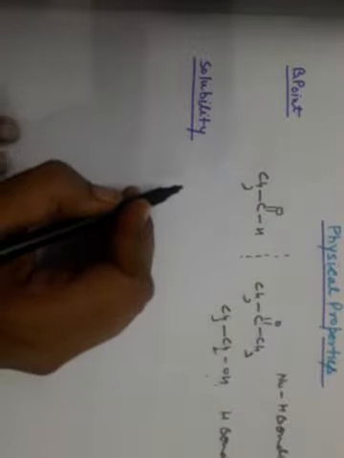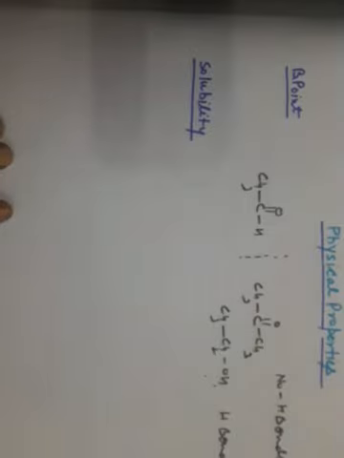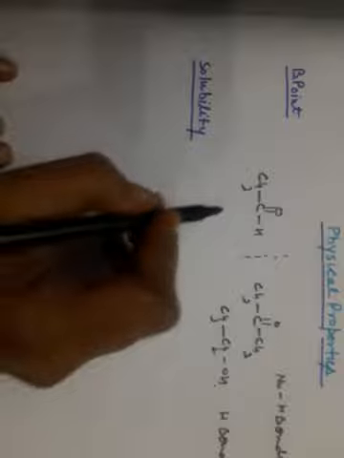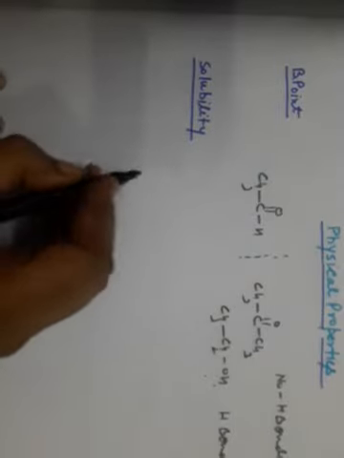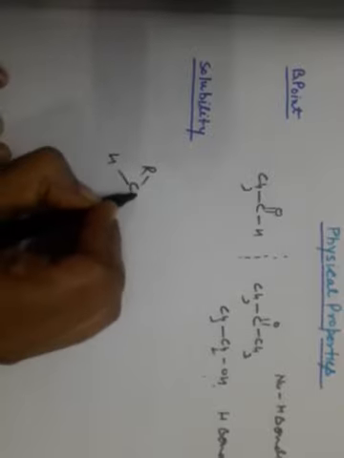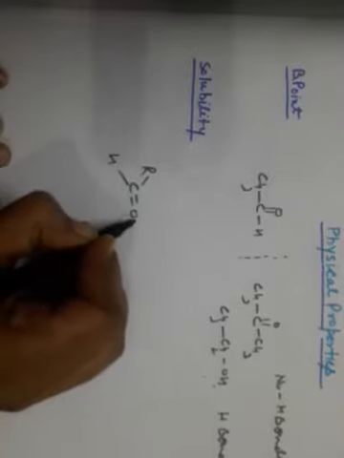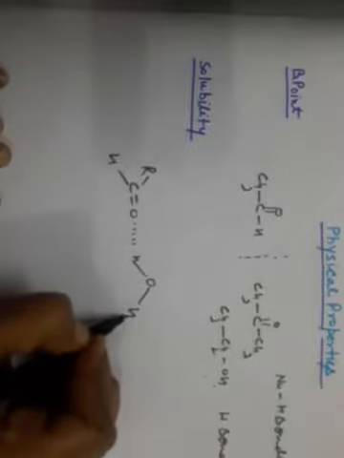Now the solubility part of aldehydes and ketones. Aldehydes and ketones are soluble in water. How are they soluble in water? Because they can form hydrogen bonding with the water molecule. Within the molecule there is no hydrogen bonding, but with the water molecule they can form hydrogen bonding. Let's take the example of any aldehyde, and it can form hydrogen bonding with a water molecule.